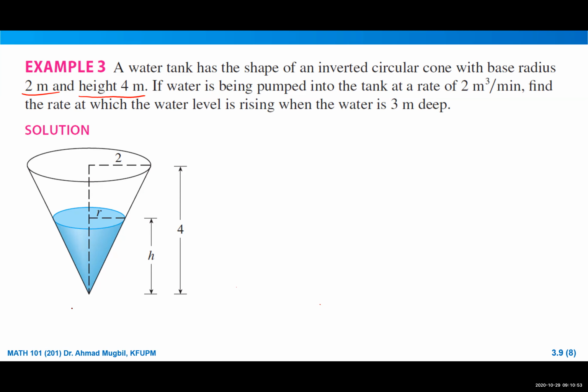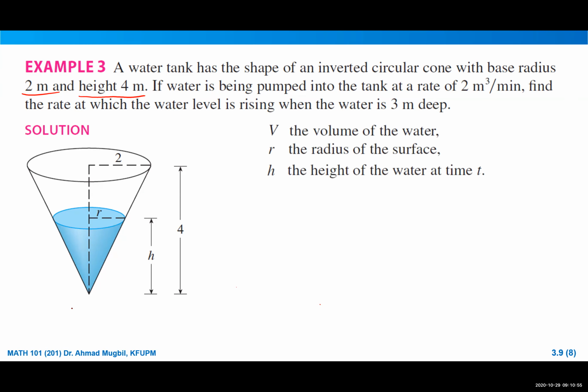So this is what we have. It is important to mention your notation. Let V be the volume, R the radius of the surface of the water, and H the height of the water. Now, what is given? What is required? What is given is dV dt.